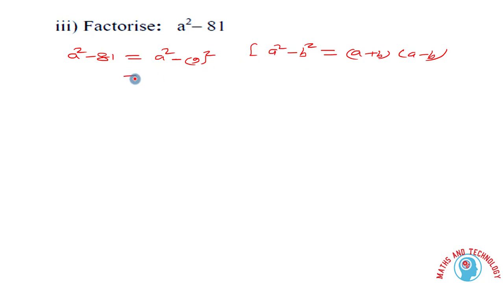So a square minus 9 square equal to (a plus 9) into (a minus 9).